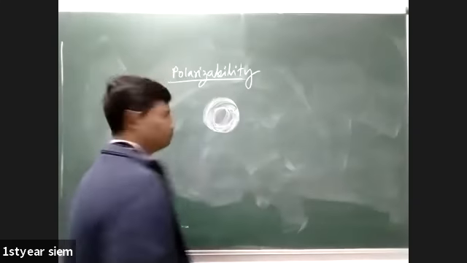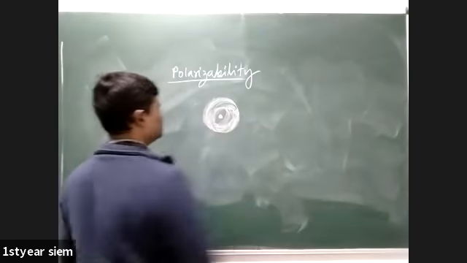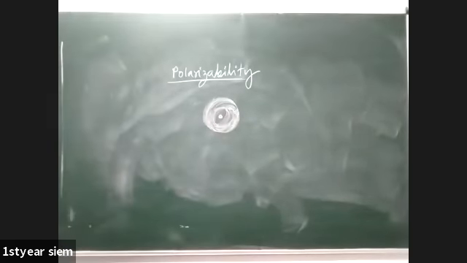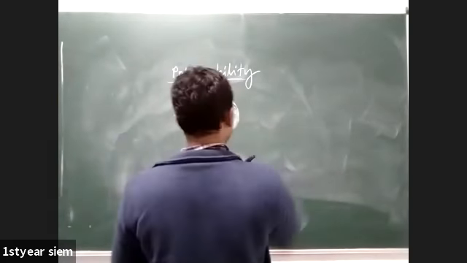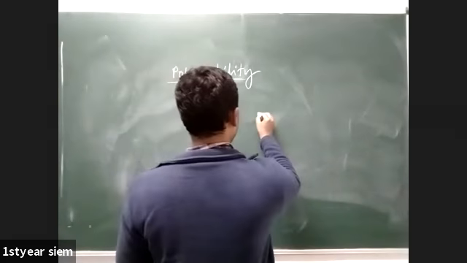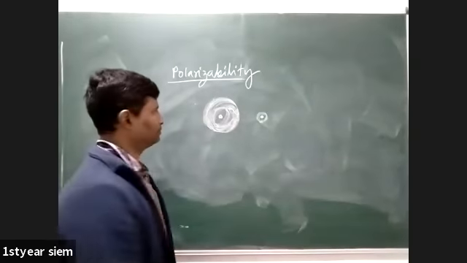This is the atom and this is the nucleus of the atom, and there is a small atom. They come close to each other.